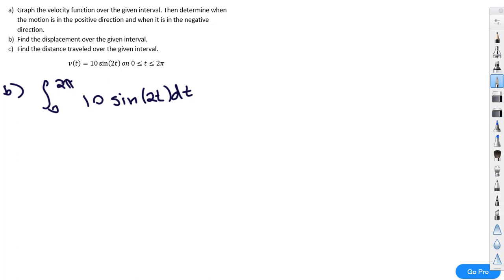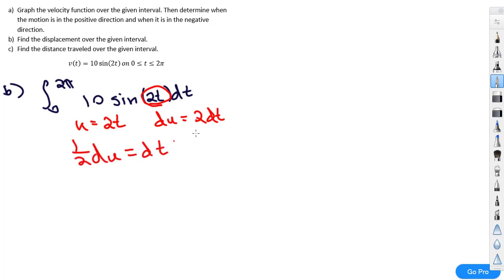Now to solve this, remember I have to use something very special, which is the u substitution method. So let u equal 2t, which means du is going to equal 2 dt, which means that 1/2 du equals my dt.